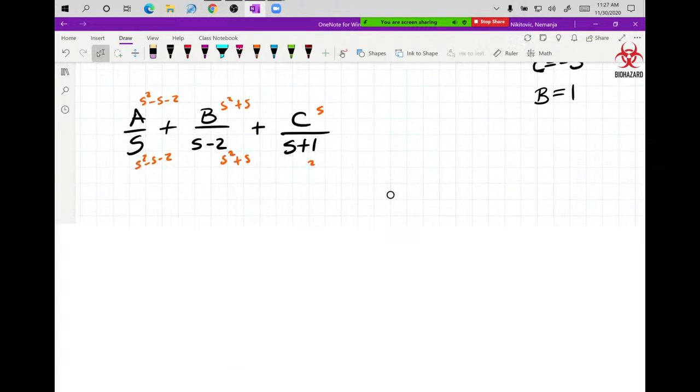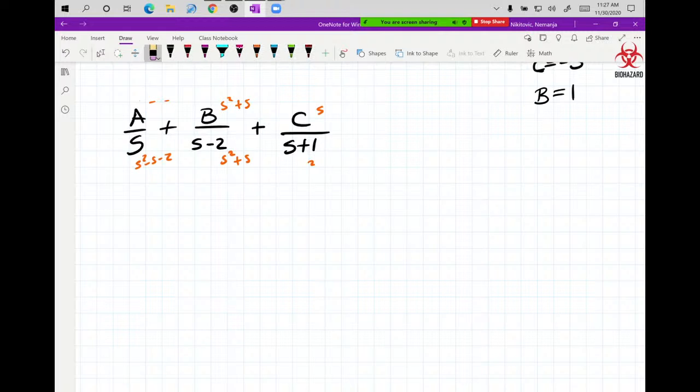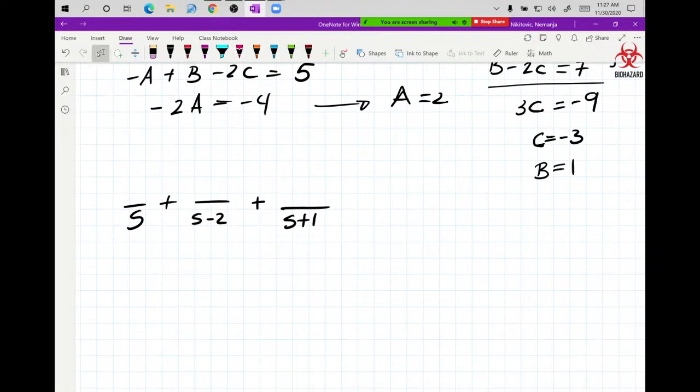I'm just going to erase all of these orange thingies we don't need anymore. There we go. And plug in, and erase A, B, and C, and plug in the values. So B is 1, that's good. A is 2, and C is negative 9, so I'm changing that to a minus, put the 9 over there. Good.